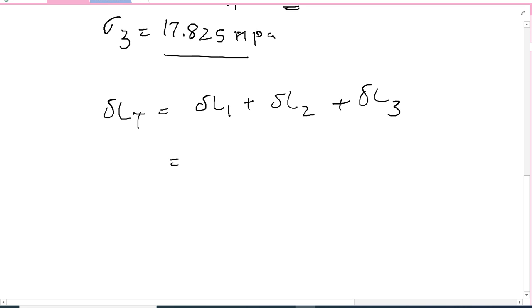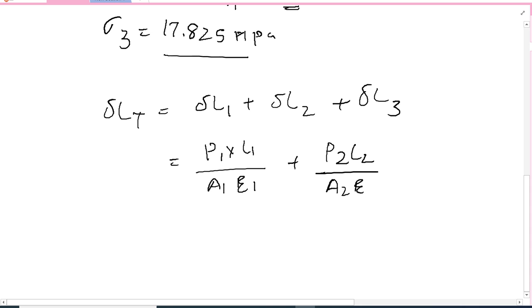So delta L of 1 is P1 L1 by A1 E1. Now here it will be P2 L2 by A2 E2, and again P3 L3 by A3 E3.